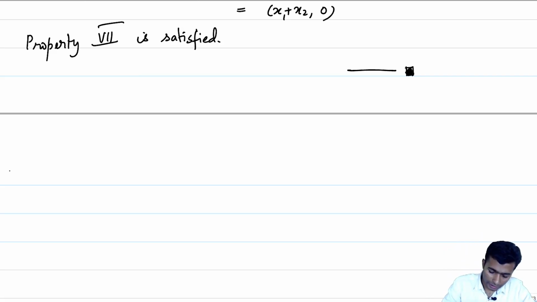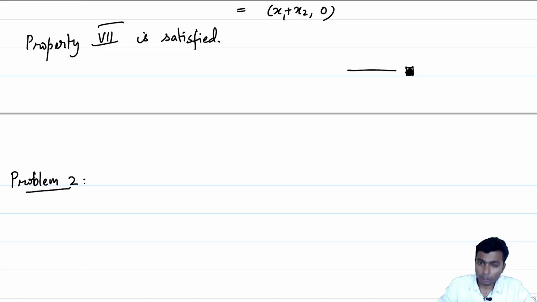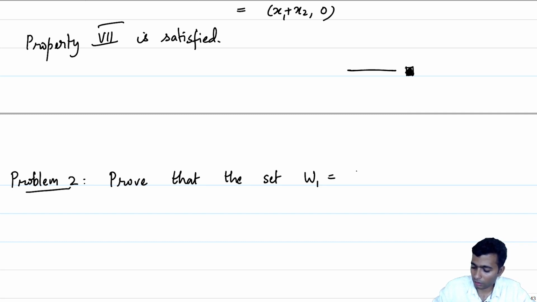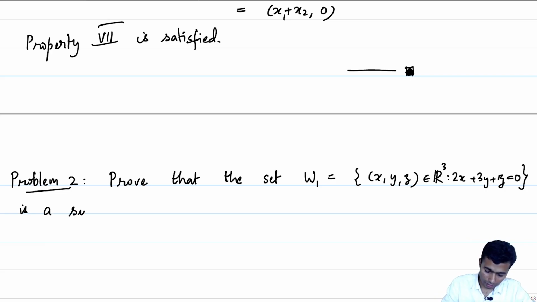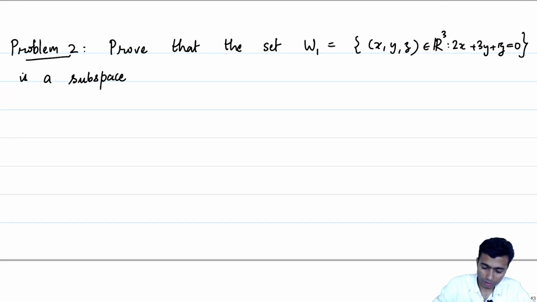Okay, now let us look at the next problem, problem 2. Prove that the set W1, which is the set of (x, y, z) in R3 such that 2x plus 3y plus z is equal to 0, is a subspace of R3.